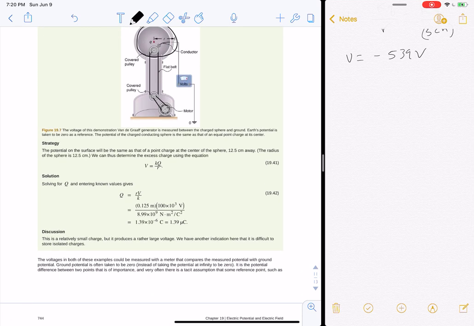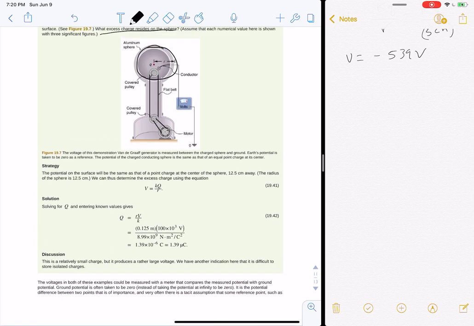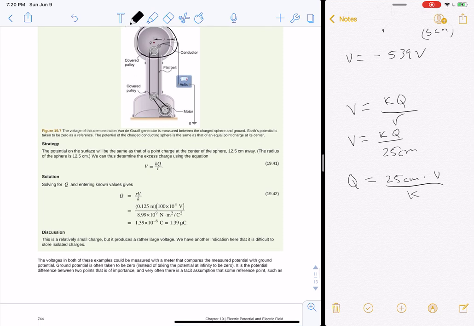And so what we're going to do is just our very basic, our voltage is 100,000 volts. We've got a 25 centimeter diameter ball. So we're going to say kQ over 25 centimeters. And we want the Q. So Q is going to be 25 centimeters times V over k. And you plug all that in, and there it is.